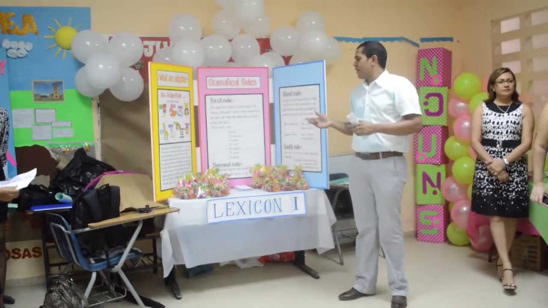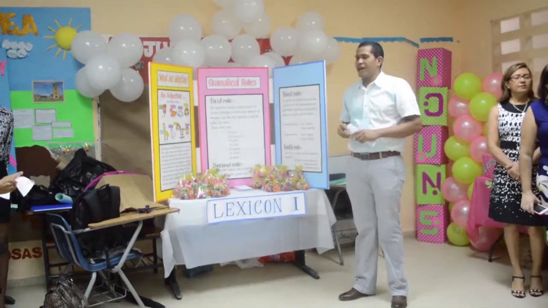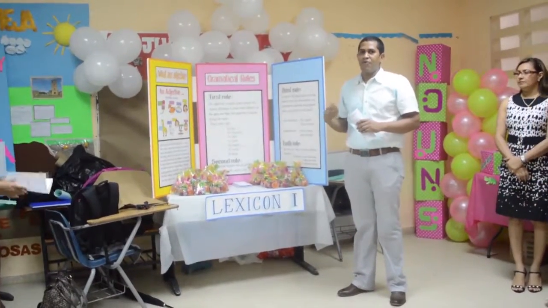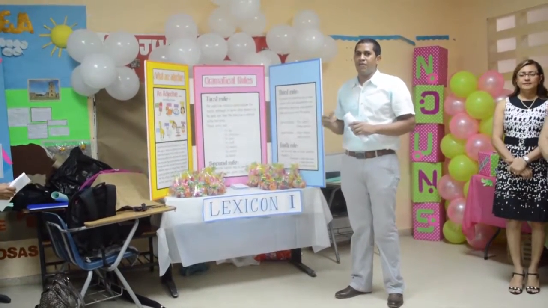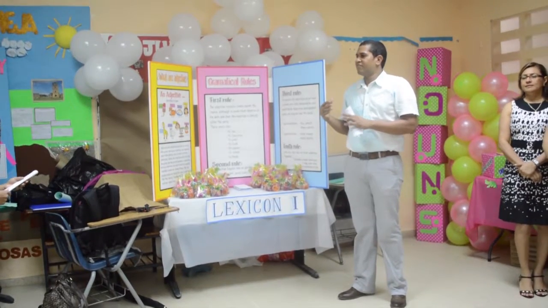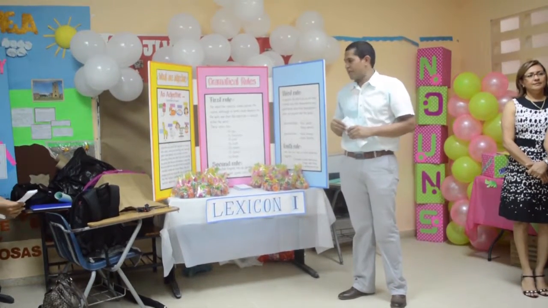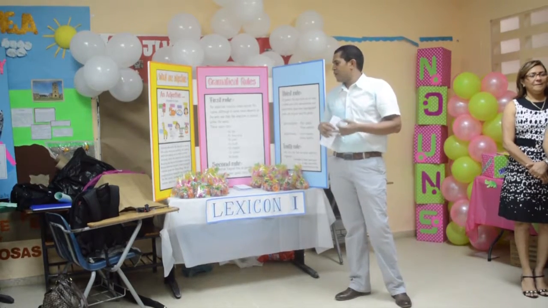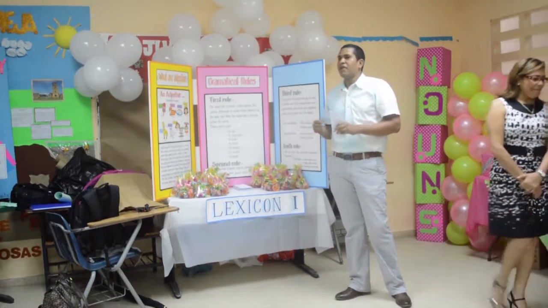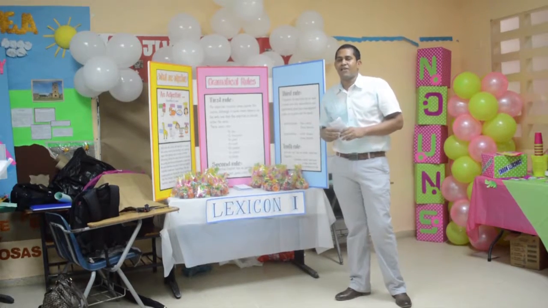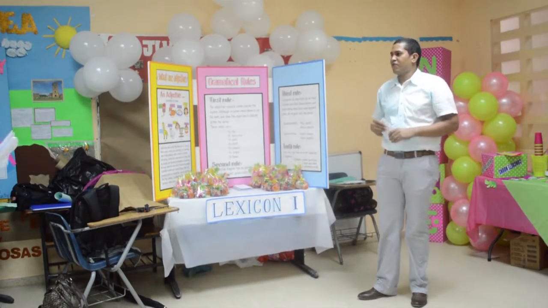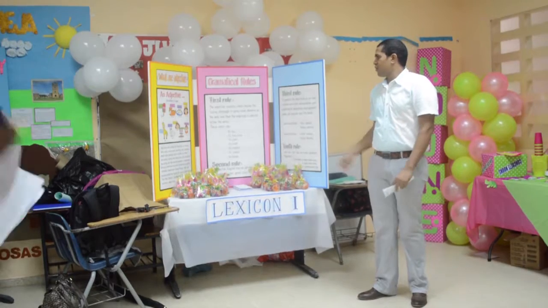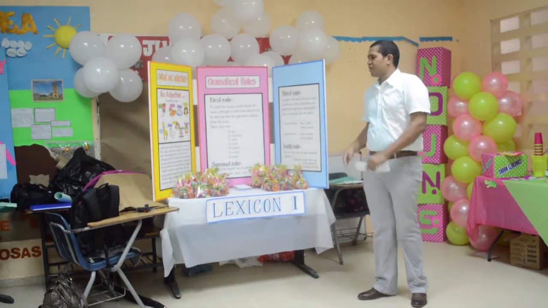We also have to know that adjectives always come before the noun, making more sense in our sentence. I have some examples like blue, green, and short. Those are some examples of adjectives. So right now my partner Daisy wants to start to explain the first and the second group.